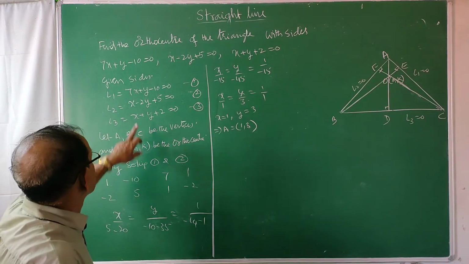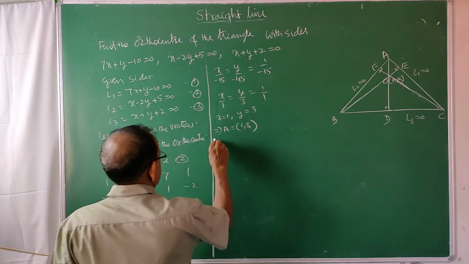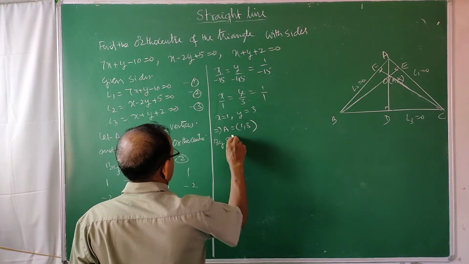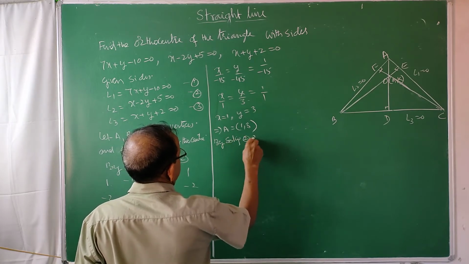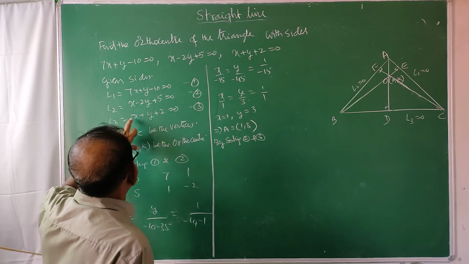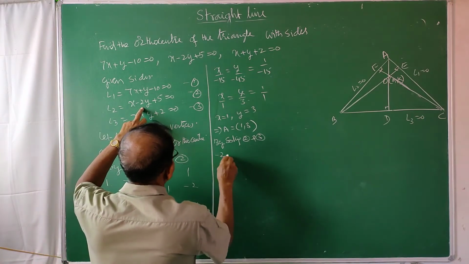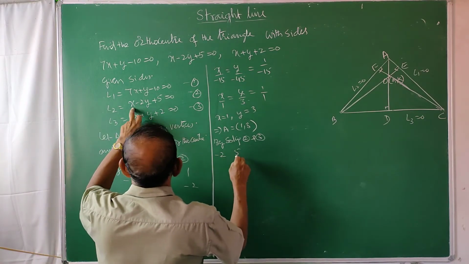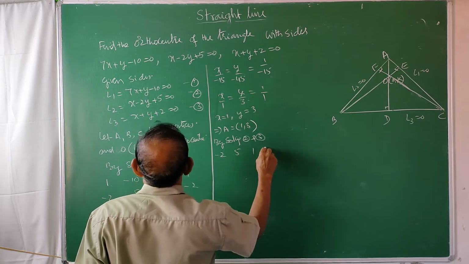Let us solve 2 and 3. By solving 2 and 3, we get y coefficient minus 2, 5, 1 and 2, minus 2.